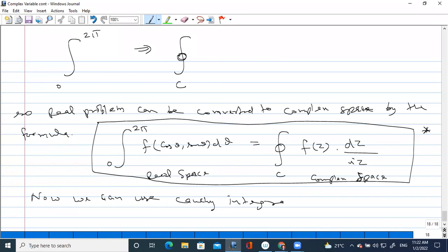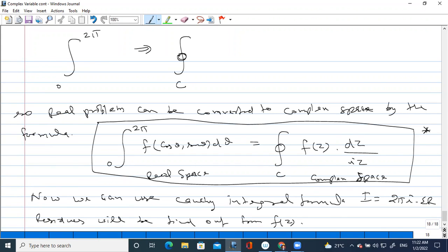For that, the integral will be 2 pi I into summation of residue, and residue will be found from fz. Simple. Only this much you have to do. Now some more relations we have to find out, just as our need.